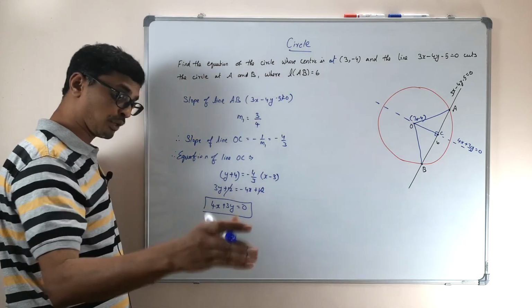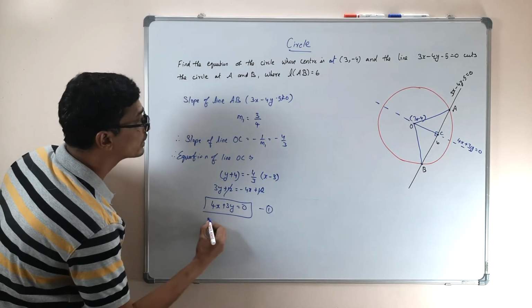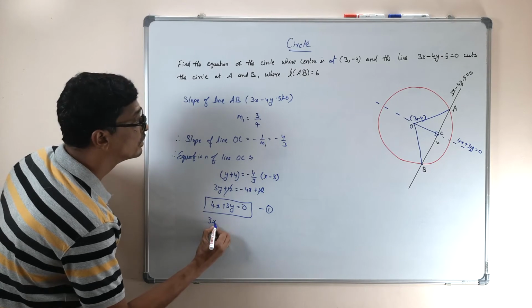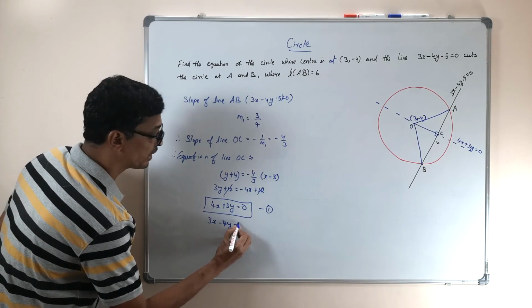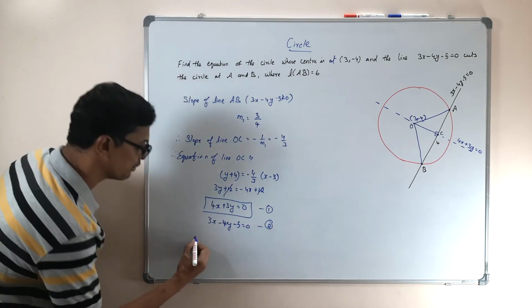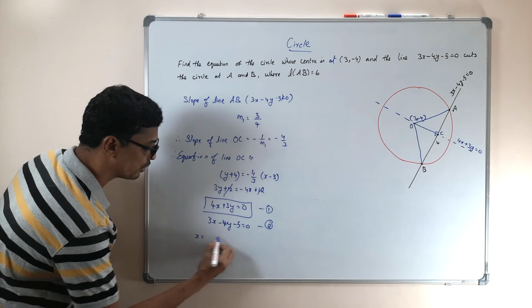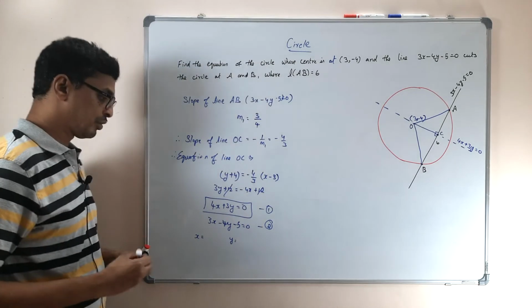Do it in your notebook and tell me. So we have to solve this equation. This is 1. Another equation is 3x minus 4y minus 5 equal to 0. This is equation number 2. We have to solve these and tell me what x equals and how much y equals. What's the answer we got?